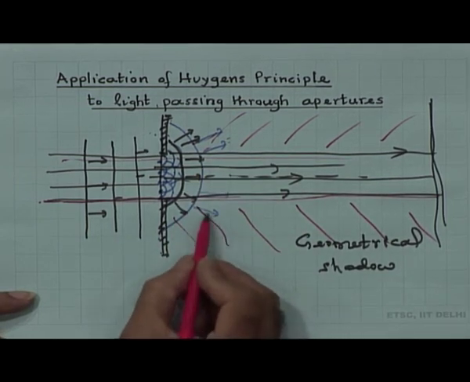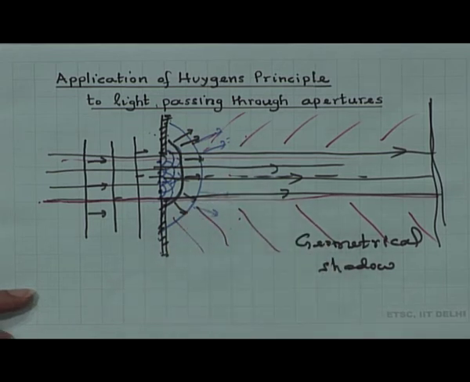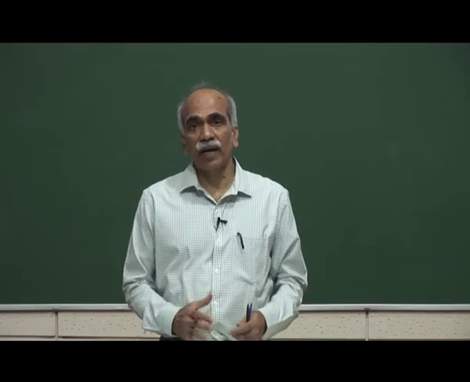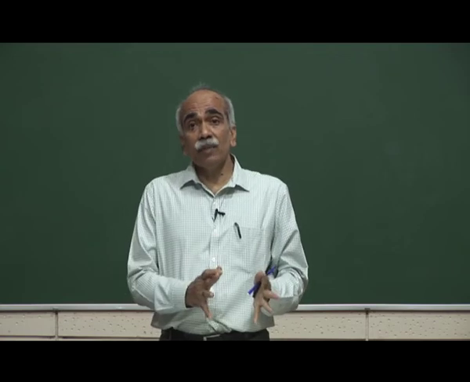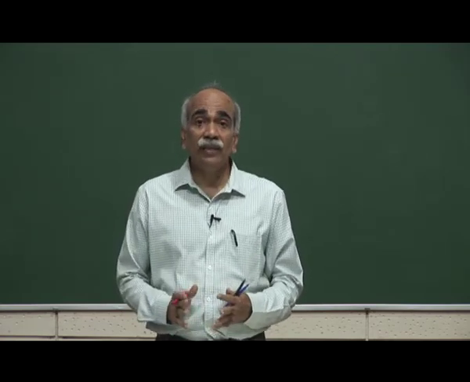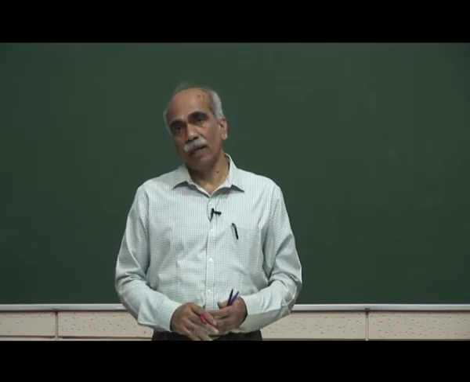In other words, there is light propagating into the geometrical shadow, which as we will see later is nothing but diffraction. That is the phenomenon of diffraction, and therefore, Huygens principle was able to explain diffraction, that is light propagating into the geometrical shadow of the apertures.